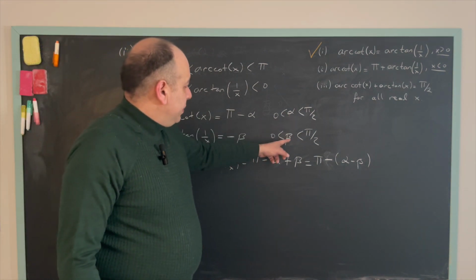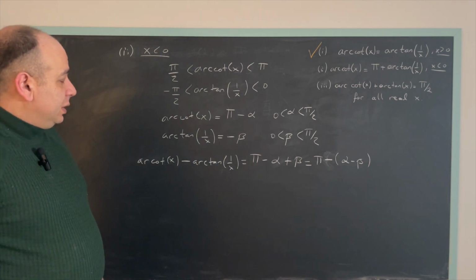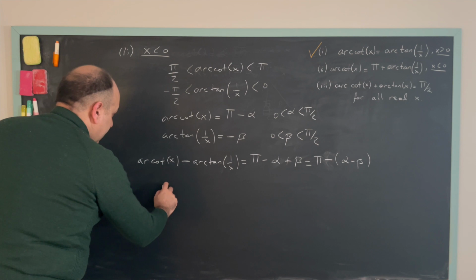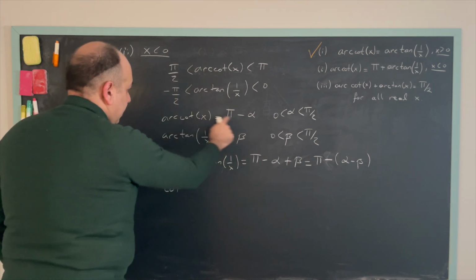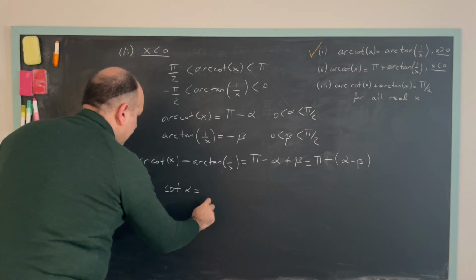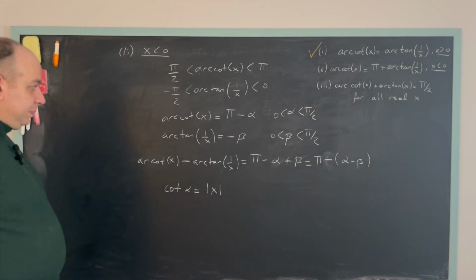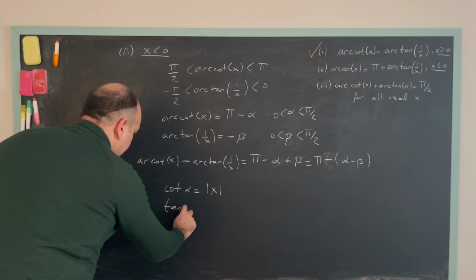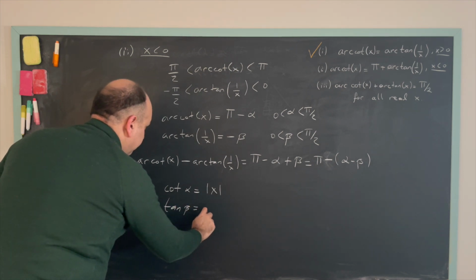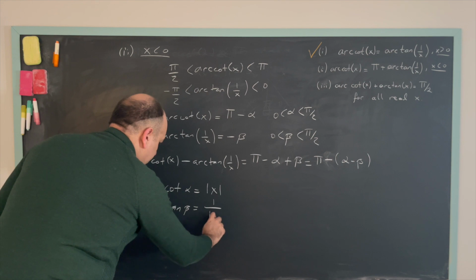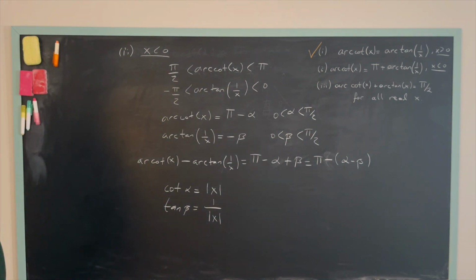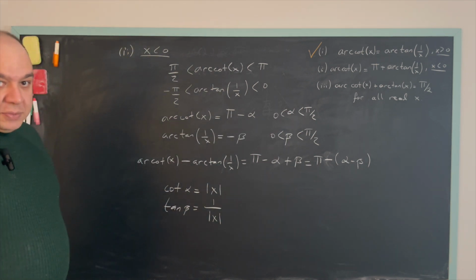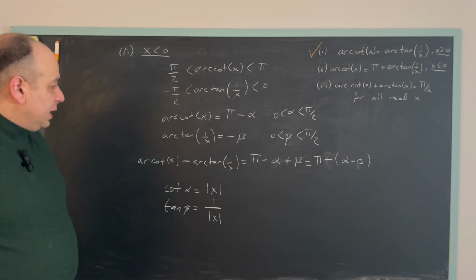But alpha and beta are acute angles. So then cotangent alpha must be equal to the absolute value of x, and tangent beta must be equal to 1 over the absolute value of x. Because alpha and beta are acute angles, cotangent alpha must be positive and tangent beta must be positive.